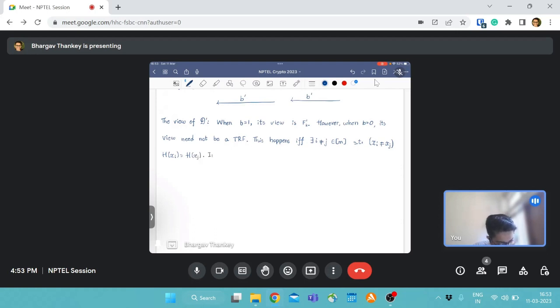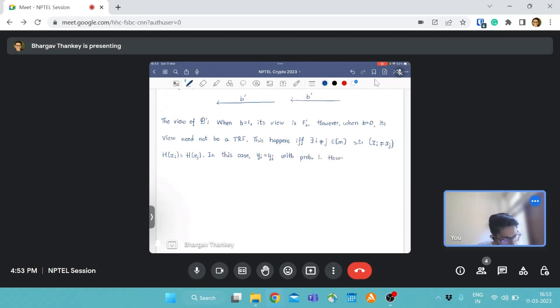In this case, yi equals yj with probability 1.